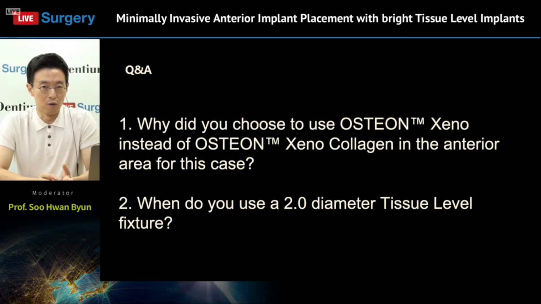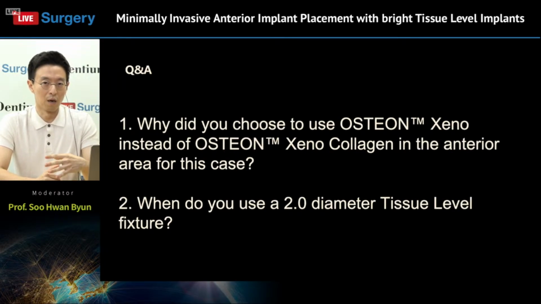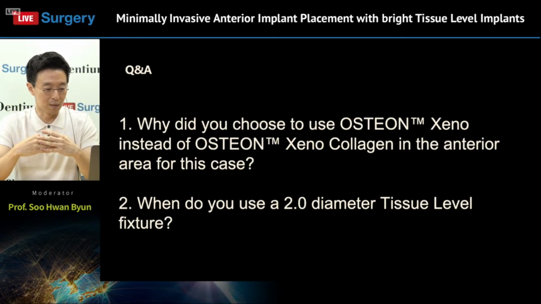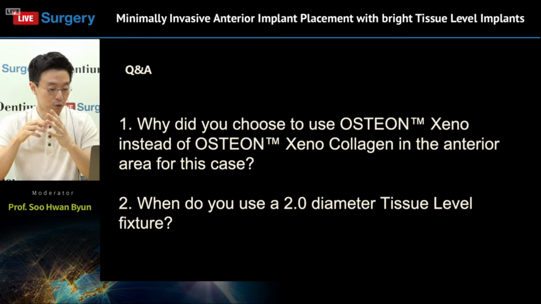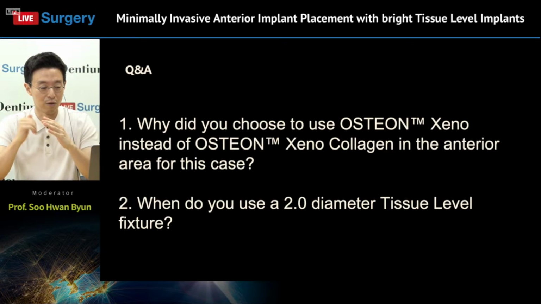The 2 millimeter or 2.5 millimeter diameter can reduce the patient discomfort and the bone graft procedure. It can reduce the total fee of the implant treatment, and it can reduce the entire implant treatment time. It can increase the patient satisfaction. So I highly recommend to use 2 millimeter or 2.5 millimeter tissue fixture in anterior area.